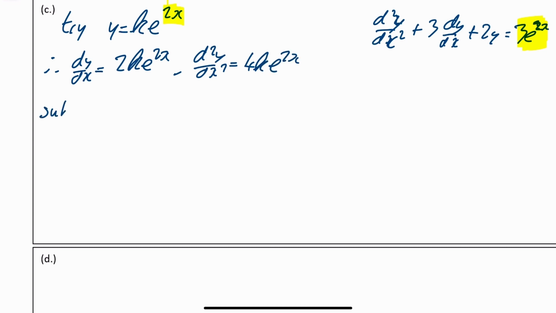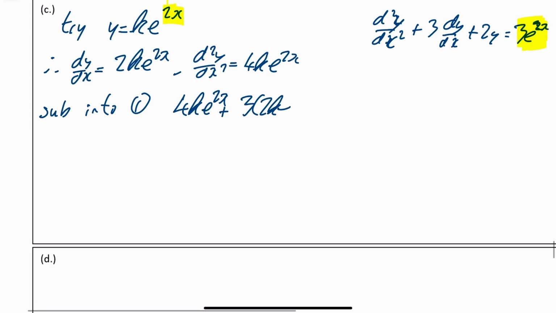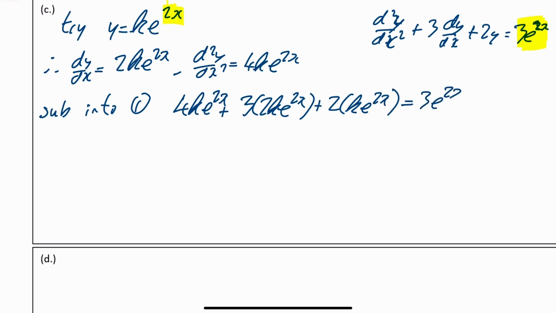And then we're going to sub that into 1. And it becomes, and you can see I've written it down this time, 4k e to the 2x plus 3 times 2k e to the 2x plus 2 times my y, which is just k e to the 2x, and that is equal to 3e to the 2x.